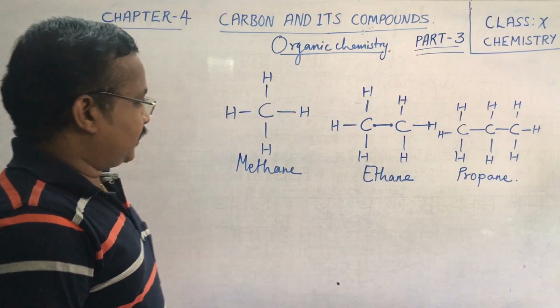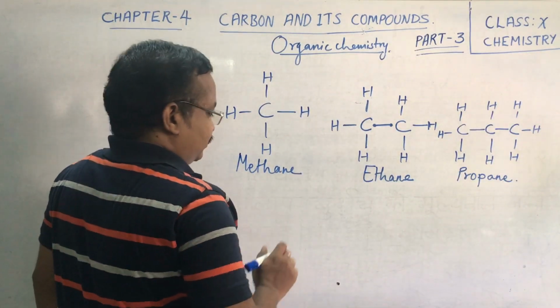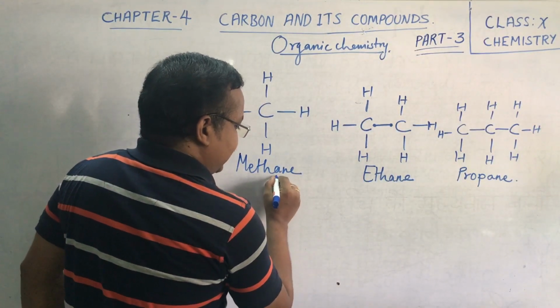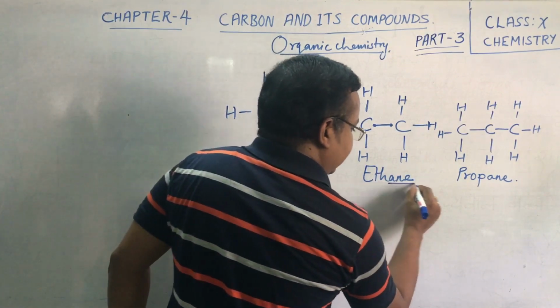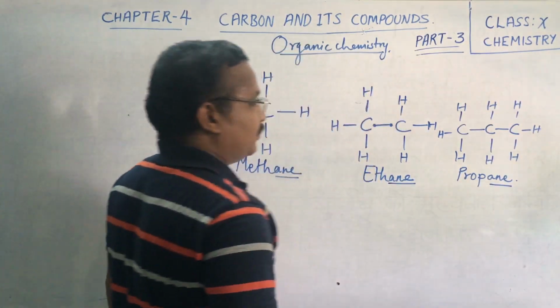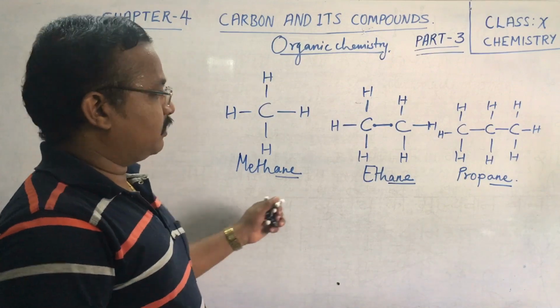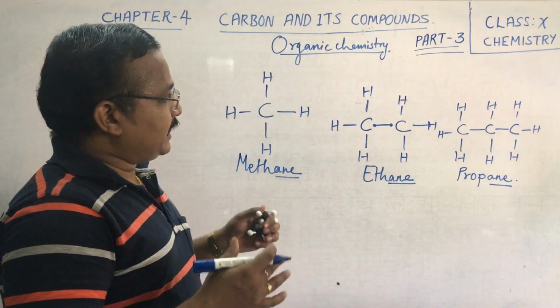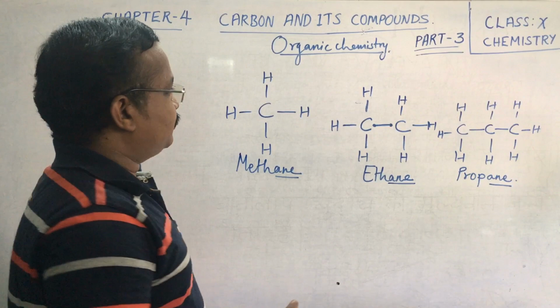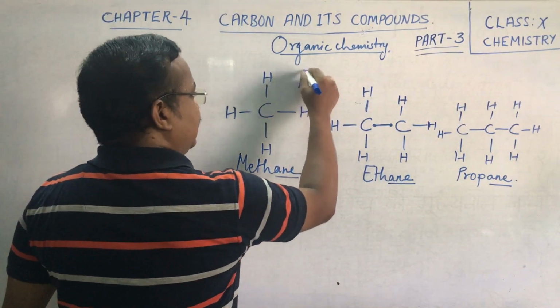Okay children, in all these cases we find that the name ends with ANE. So this is our first type of hydrocarbons. We call them alkanes.